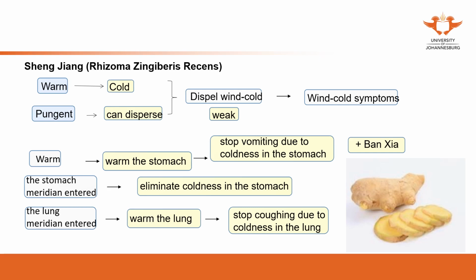Because ginger is warm and pungent, it is not suitable for patients with heat symptoms or a heat body constitution, or a patient with yin deficiency and deficiency heat. So when you use it in these conditions, you need to be careful. You may choose other herbs if you have to. You need to use it in a formula with other herbs that can reduce the heat, because it is warm, so it is not suitable in a heat syndrome.